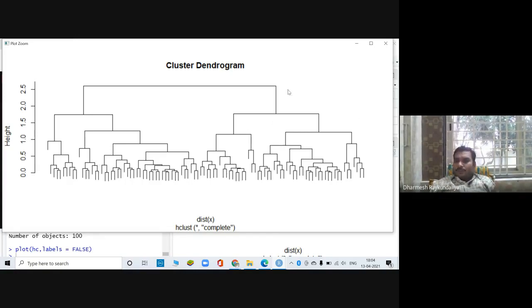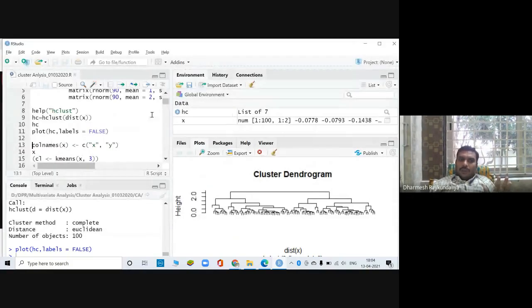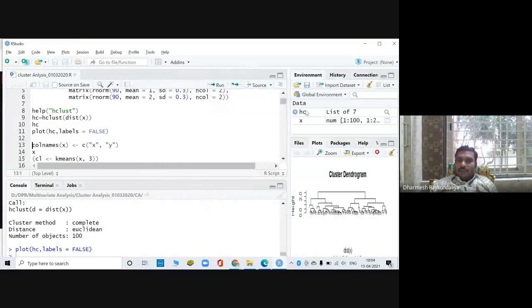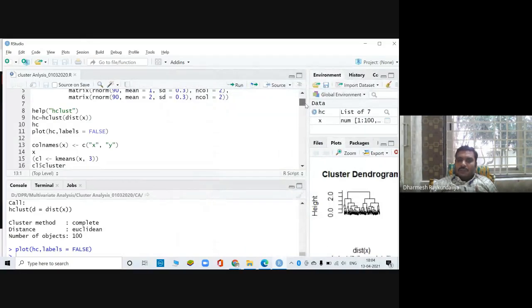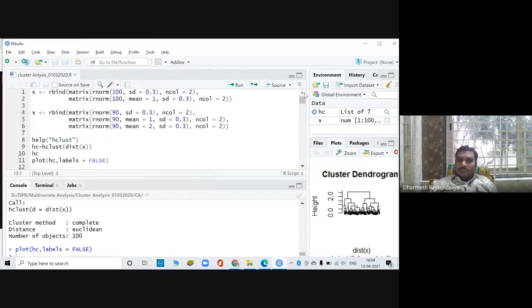Let me show you how to recognize the number of clusters. Because I know that there are two clusters here. Similarly, if I make three clusters, one has the mean 0, another has the mean 1, another has the mean 2. Same.